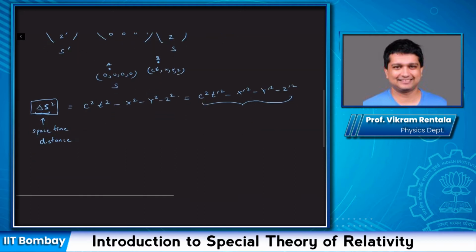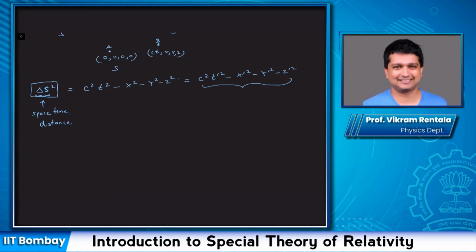So let me just write this in infinitesimal form. So for two spacetime points A and B, which are separated by an amount dt, dx, dy, dz. So let's imagine that this is at 0, 0, 0, 0. Okay.